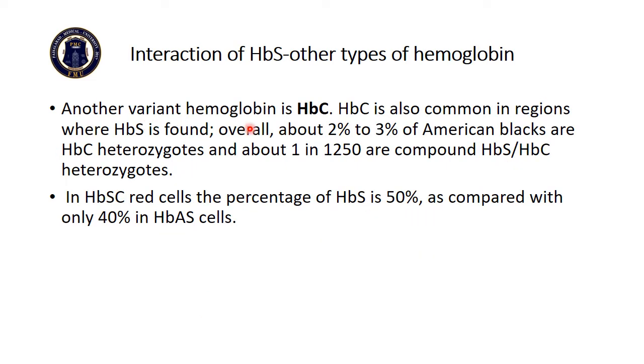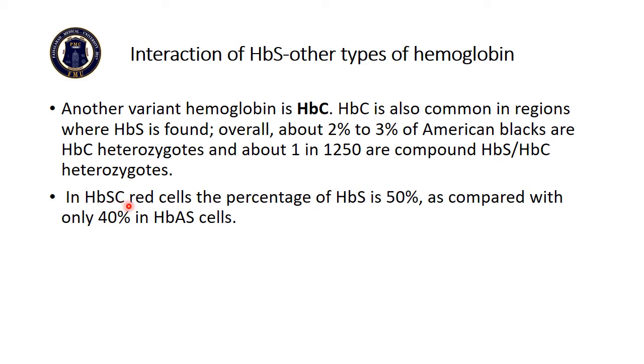Another variant of hemoglobin is hemoglobin C. Hemoglobin C also results from a point mutation. It is common in regions where hemoglobin S is found. 2 to 3% of American blacks are heterozygotes, which means one gene is normal and one is defective, and 1 in 1250 are compound heterozygotes, which means one gene contains sickle hemoglobin and the other contains the hemoglobin C mutation.